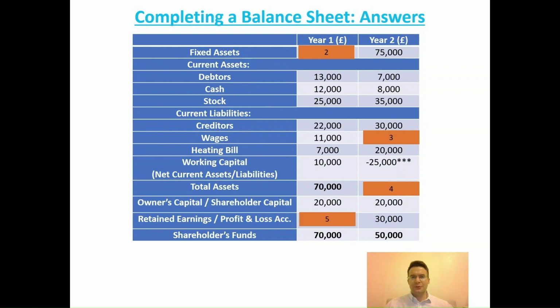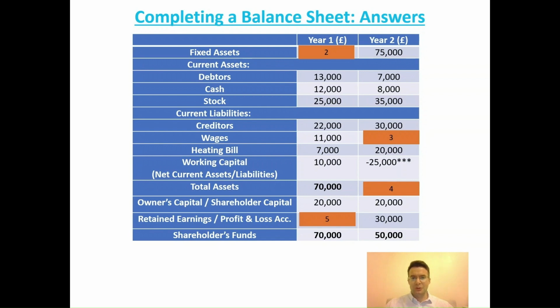Now, how do we work out 2? Well, we have to almost reverse our thinking, if you know what I mean. So you've got the total assets figure of 70,000, and we know as we learnt earlier, total assets are a collection of all of the assets minus all of the liabilities. So we know that fixed assets plus current assets minus current liabilities, we haven't got any long-term liabilities here, will equal 70,000.